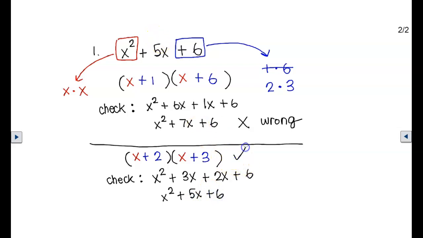So this is correct. So the factored version of x squared plus 5x plus 6 is x plus 2 times x plus 3. So we guess and then we check it by doing the multiplication problem and seeing if we get what we want.